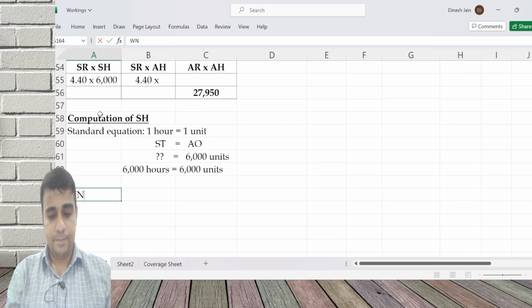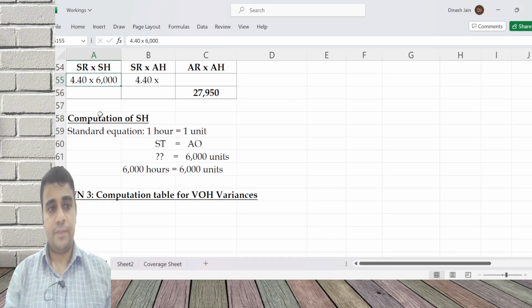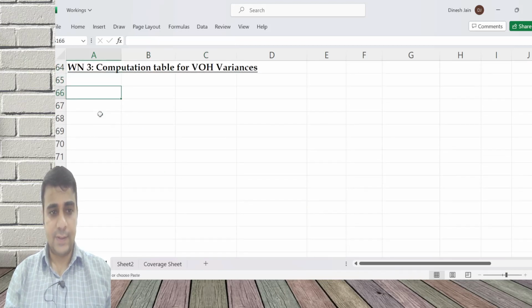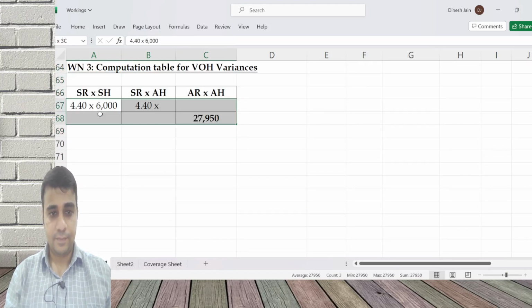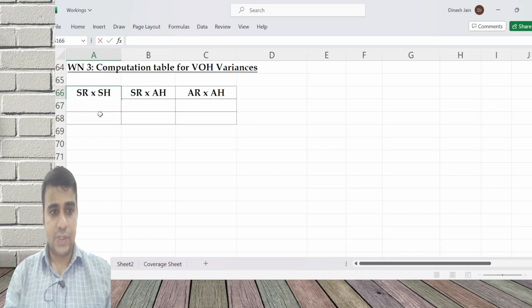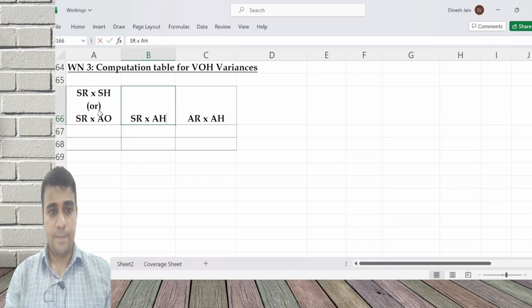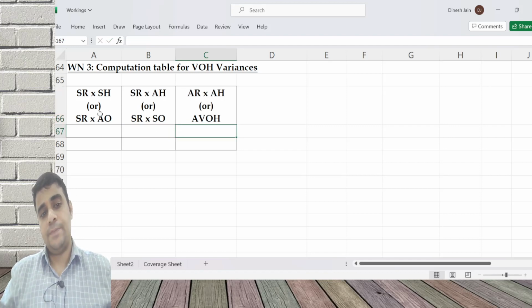Working note 3, computation table for VOH variances: SR into SH, SR into AO, SR into SH or AVOH.